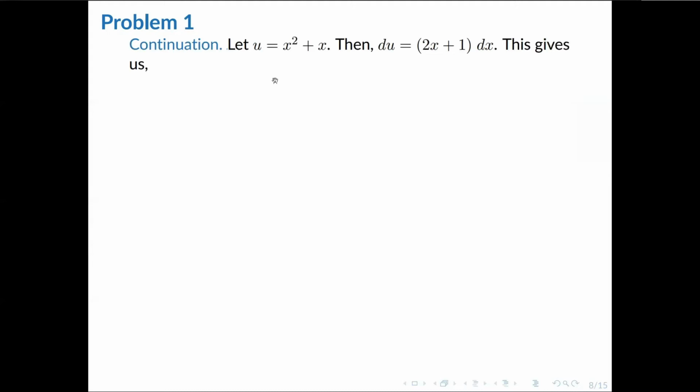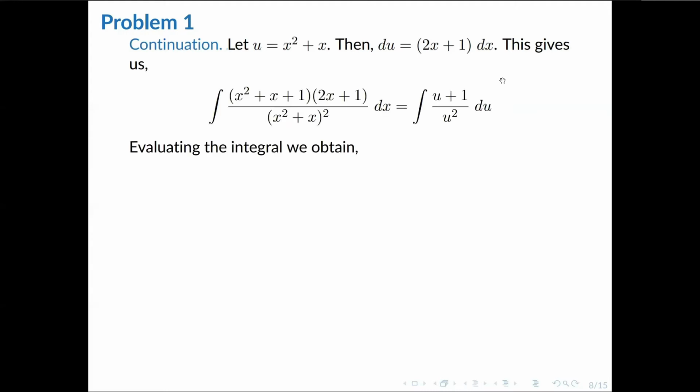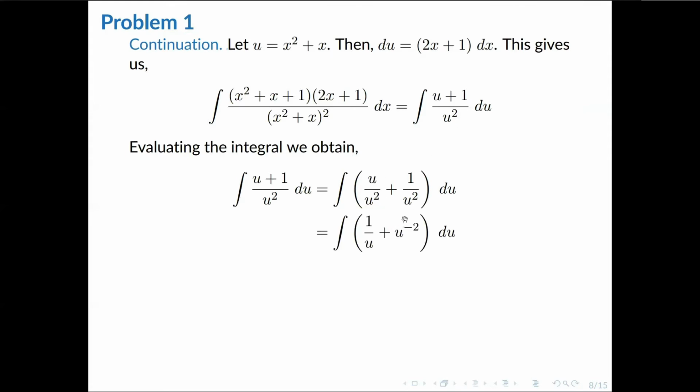So as a continuation, let u be equal to x squared plus x, then du now becomes the quantity 2x plus 1 dx. So substituting u and du to the integrand, we get the integral of u plus 1 all over u squared du. So separating the numerator and expressing 1 over u squared as u raised to negative 2, we get this integral.